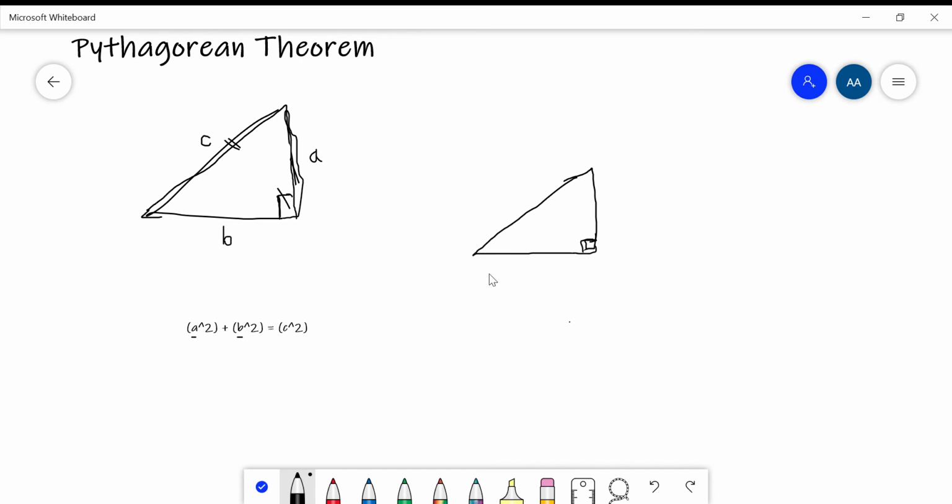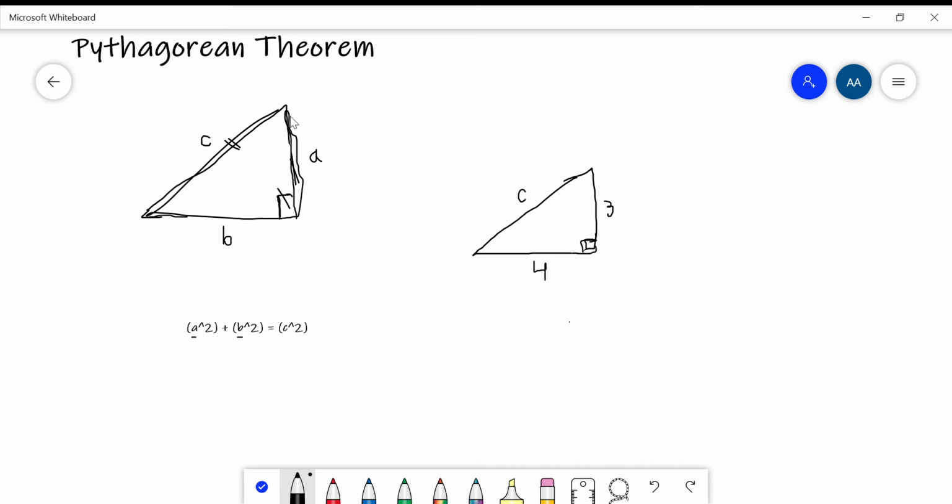Okay, so we have a right triangle here, and I'm going to give you that this side right here is 3, and this side right here is 4. And I'm going to ask you to solve for this, which I'll label as C, just to make things easy. Before I go and solve it, let me give you the breakdown of a general right triangle, some terms that are commonly used.